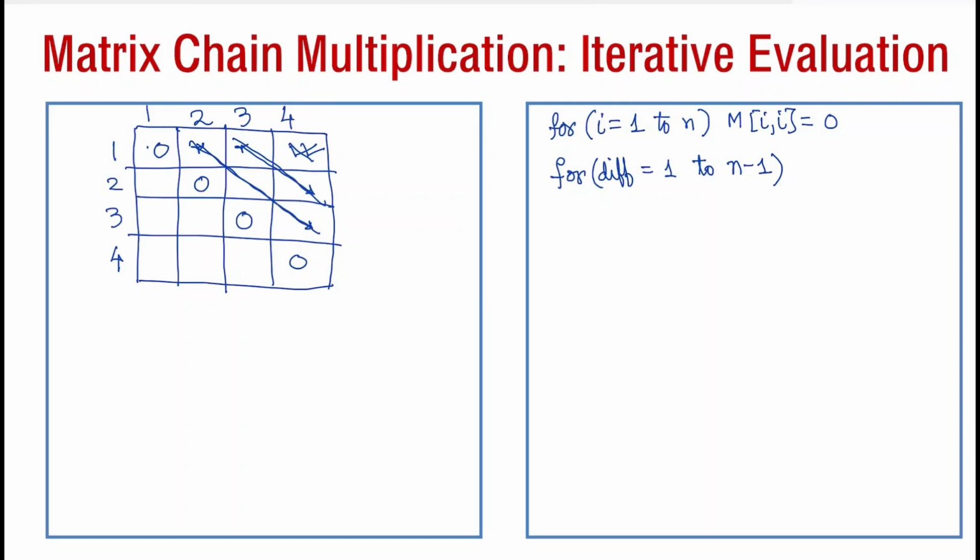Then we will write our i and j. Therefore for i equal to 1 to n minus diff, now we will create j. j is equal to i plus diff.